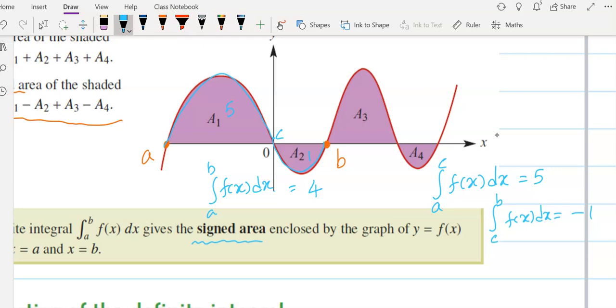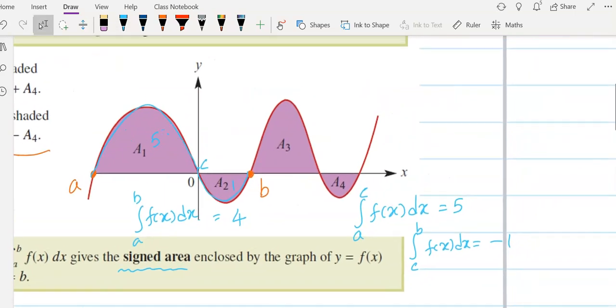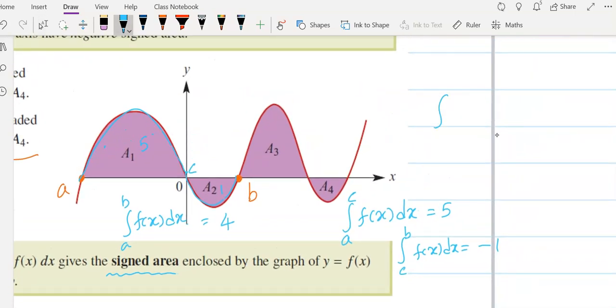So to merge these two to get the answer, I only look at the absolute values, which means 5 and 1. Or rather, in integral form, I can write down the area as the integral from A to C of f(x) dx and then C to B of f(x) dx.